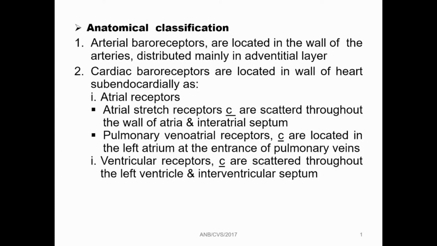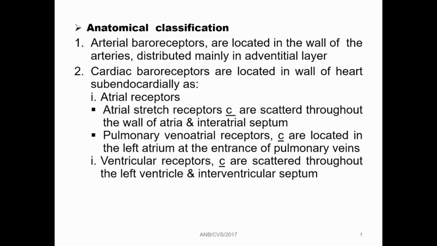The second group of the anatomical classification is the cardiac baroreceptors, which are located subendocardially in the wall of the heart, as atrial receptors and ventricular receptors. The atrial stretch receptors are scattered throughout the wall of the atria and interatrial septum. They are sensitive to the pressure present in the atria, and the atrial walls are stretched, and hence they are called atrial stretch receptors.